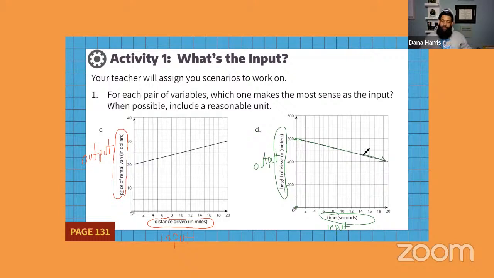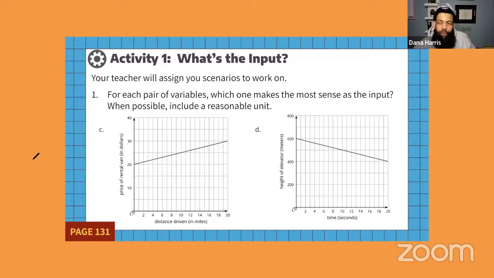So the input would be the time, the output would be the height of the elevator. And if you're old school like me, you know about the old school cartoon commercial where they said elevator go up, elevator go down. I'm showing my age a little bit, but it's okay.